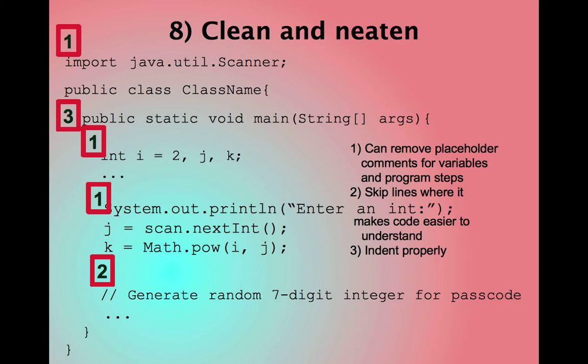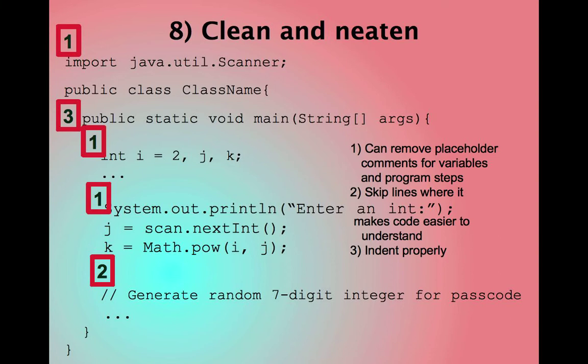It just makes things easier to understand. Also notice how up here we skip a line between the import statement and the top of the class sandwich, and then between the top of the class sandwich and the top of the main sandwich, and then down at the very bottom, once the code ends, we skip a line before the first closing curly brace, and then we can actually skip another line before the next closing curly brace if we want to.